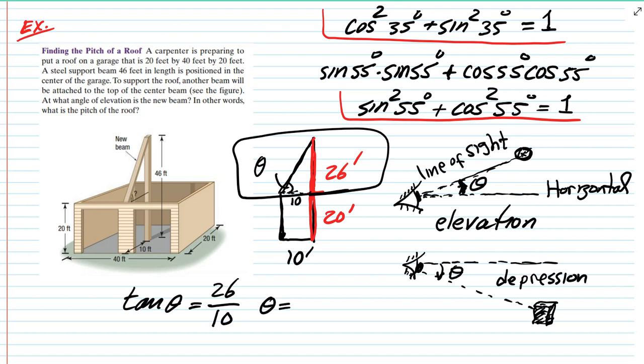I have to go through the inverse tangent, so that's arctan of 26/10. This is not a special angle, so I use the calculator and get 69 degrees. That will be the pitch of the roof.